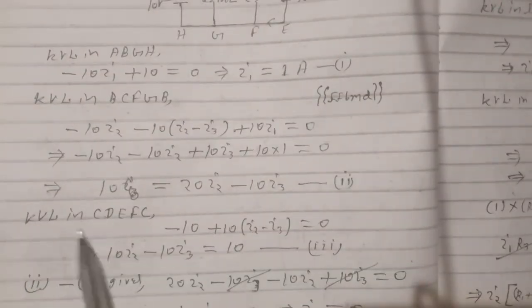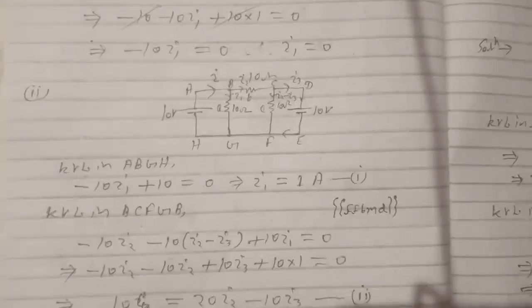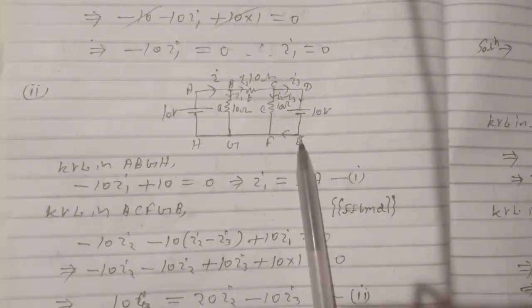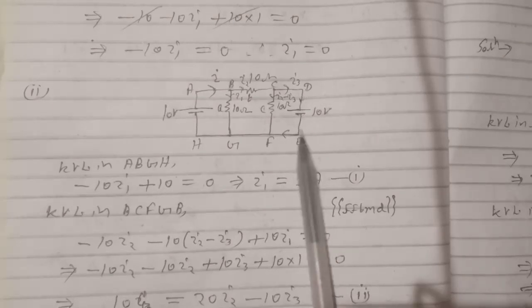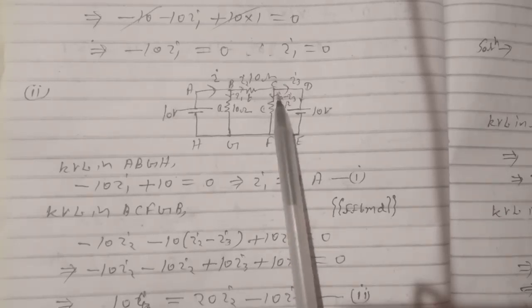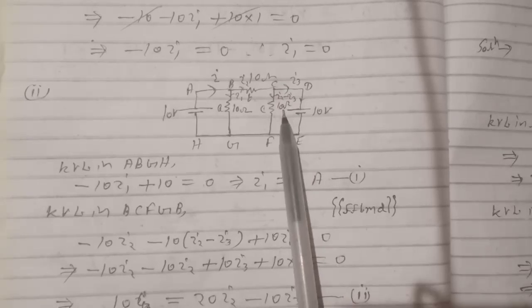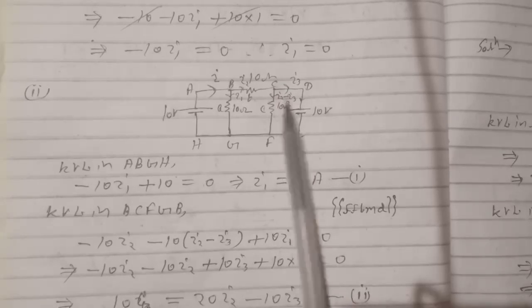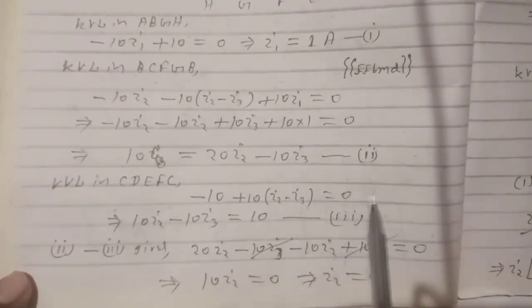Even applying KVL in CDEFC, then in this case it will be minus 10, lower to higher, so higher minus lower will be positive, minus 10 plus 10 into I2 minus I3 equal to 0.